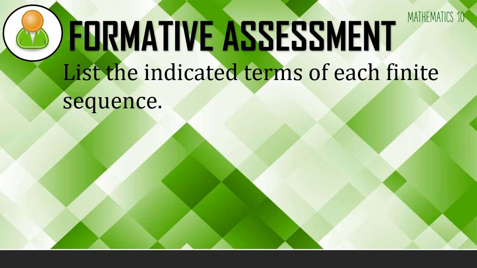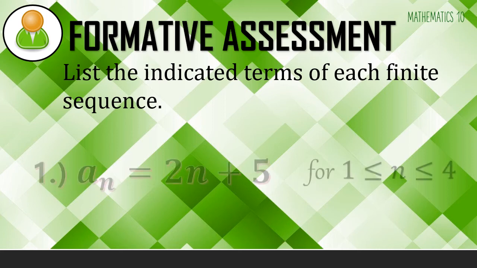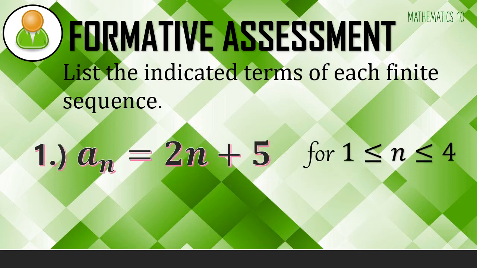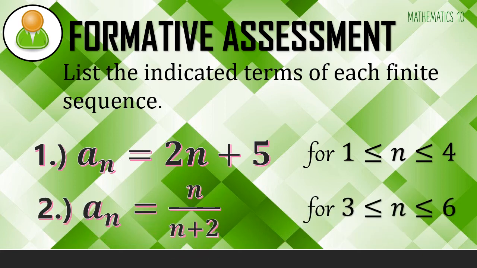Okay, so here's another practice exercise to check if you really understand the content of this video. List the indicated terms of each finite sequence. We have a sub n equals 2n plus 5 for n is greater than or equal to 1 but less than or equal to 4, and a sub n equals n over n plus 2 for n is greater than or equal to 3 but less than or equal to 6.